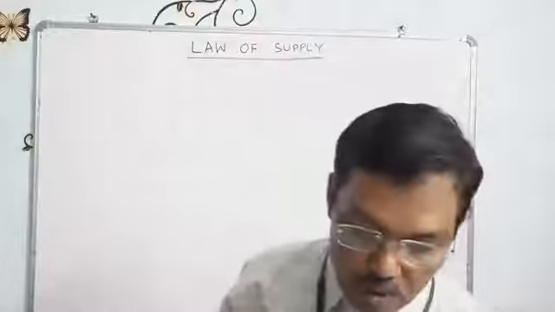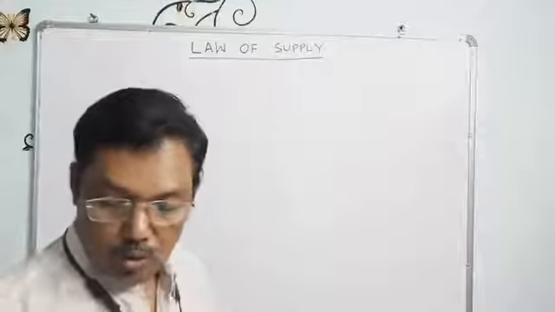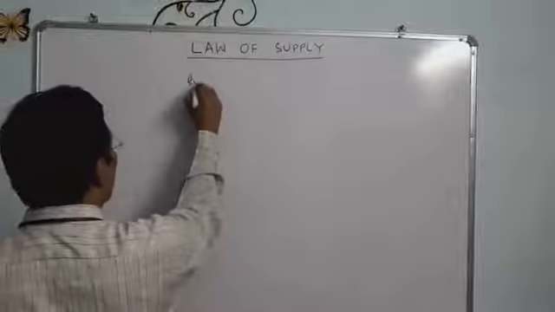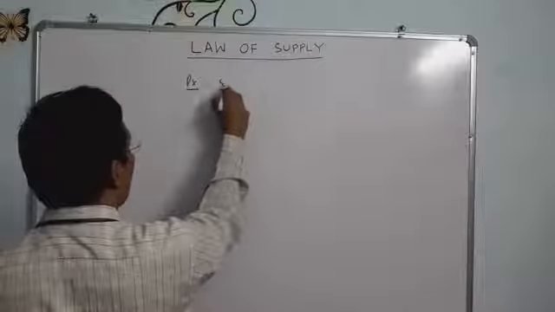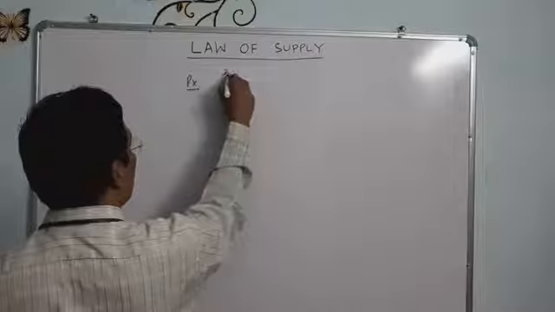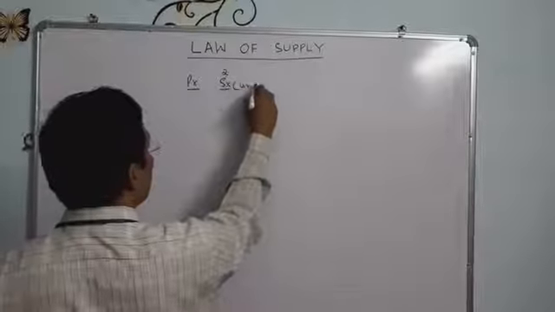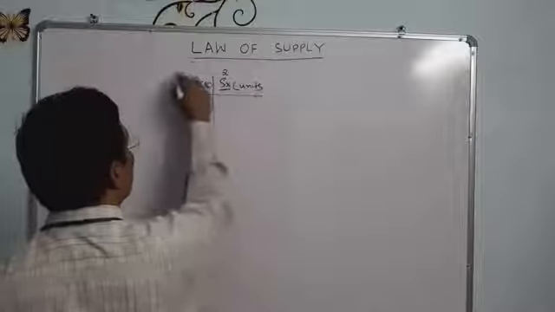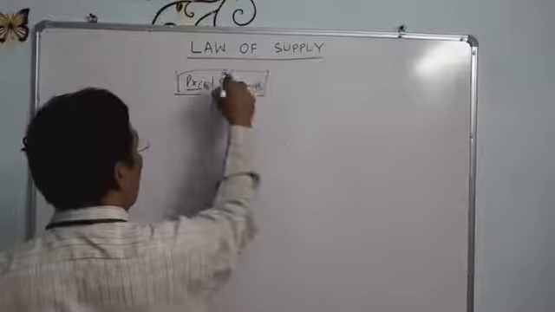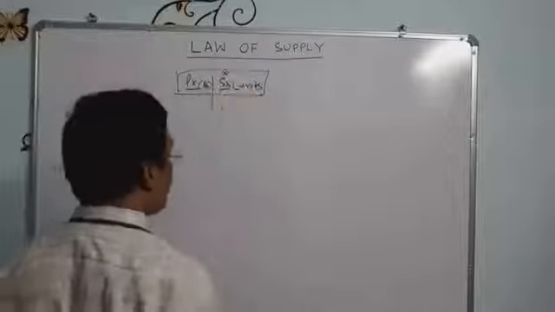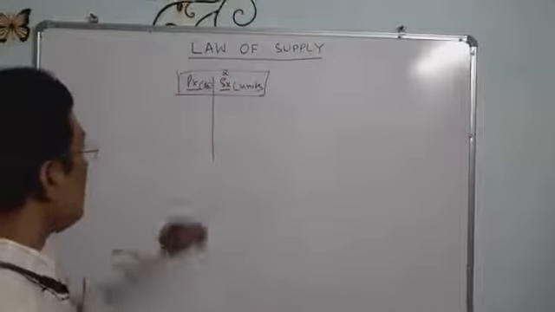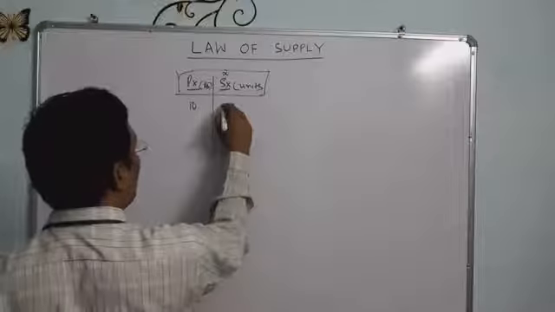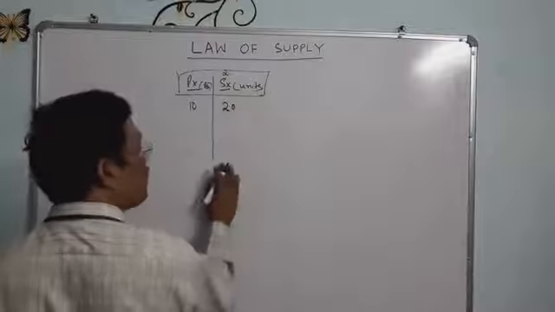What we are observing here is that when the price increases, supply increases. Price of X goods, and supply of X goods, that is quantity of supply. It is given in units and in rupees. Sometimes I will write quantity of supply of X goods as QSX. Price is 10 rupees, quantity is, suppose, 20 units.